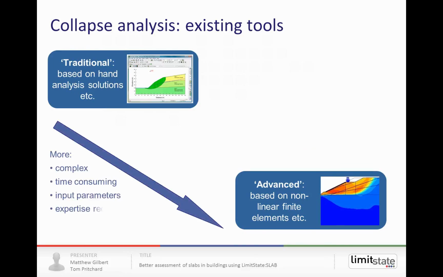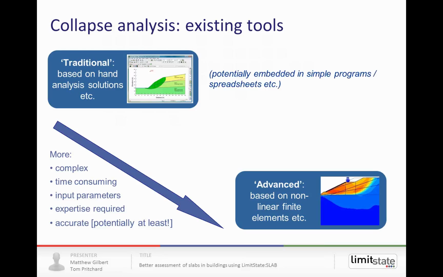So just to look at our approach, when we started out, we felt that the collapse analysis tools that were available were kind of polarized. You had automated hand calculations on the one hand, may have been automated in a simple program or in an in-house spreadsheet, but problems with those tools are that very often they're a very simplified idealization of what you have in reality.